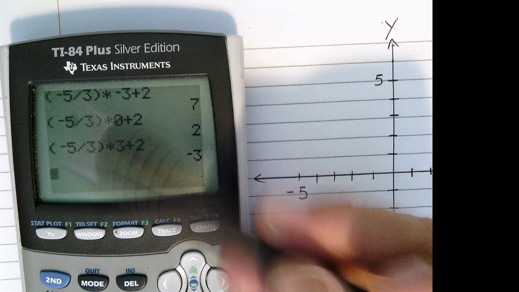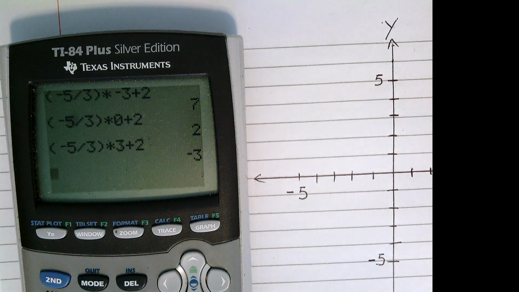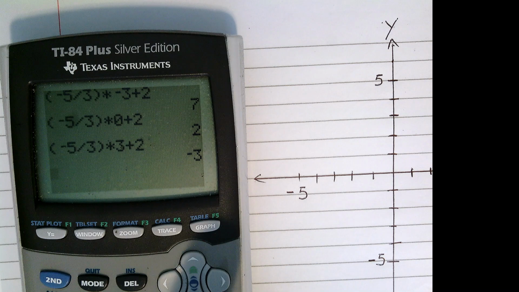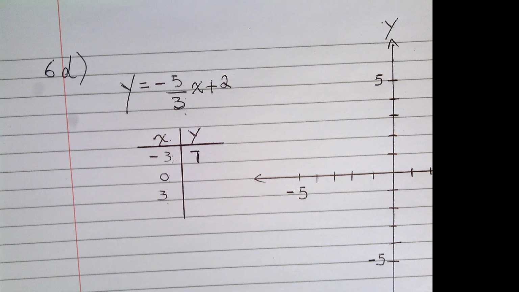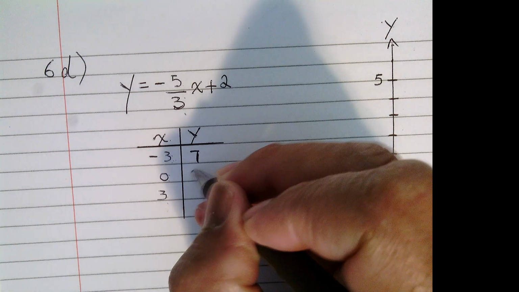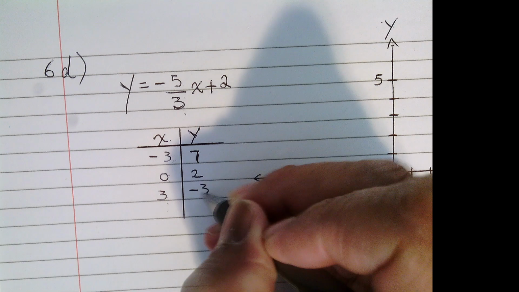If you don't have this type of calculator, a simple scientific calculator will do the job. Now, the calculations show 7, 2, -3. So 7, 2, put it over here, -3.